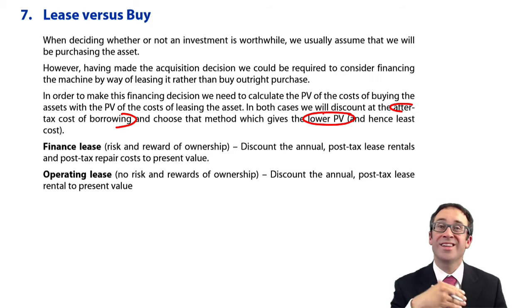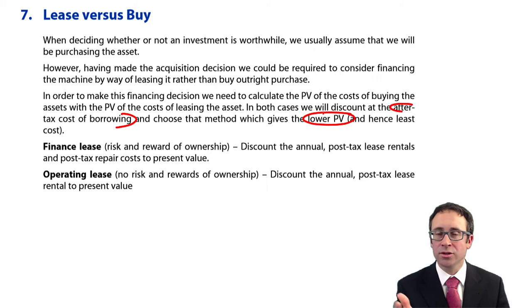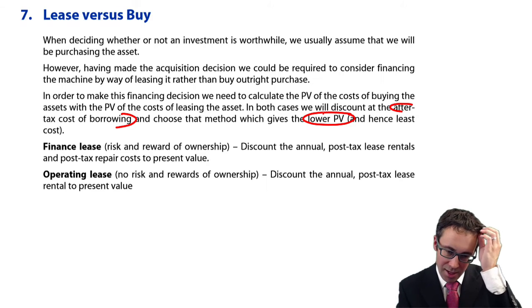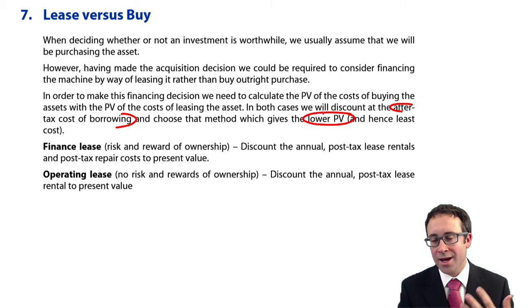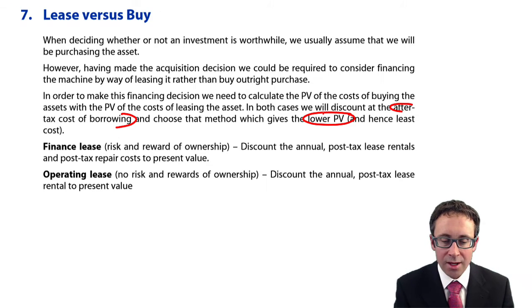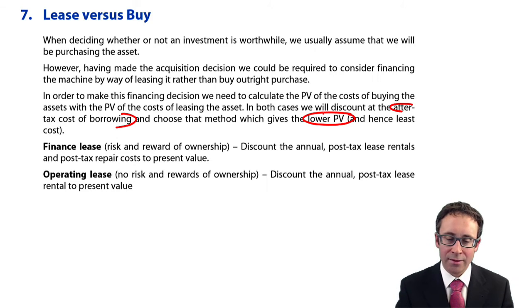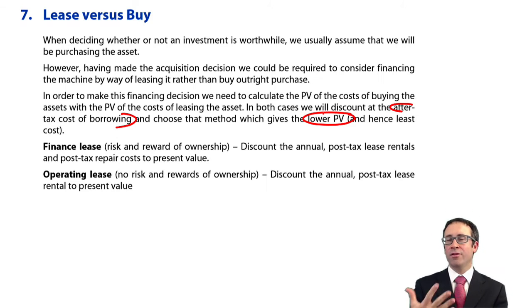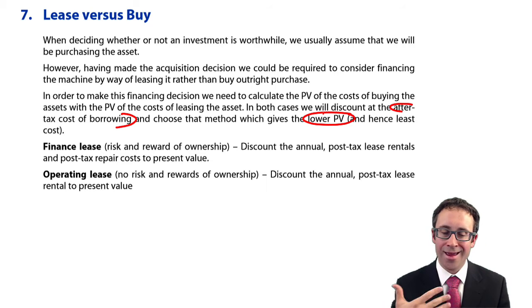So look at the rental, look at the tax saving on the rental, and if there's any repair cost, discount that back to present value. You'll be told any additional cost that there may be under the finance lease. In terms of the operating lease, it's very similar. You take the annual post-tax lease rentals and discount them to present value. There's no repair cost because we don't have the risk and reward of ownership, so we wouldn't have to pay any repairs.